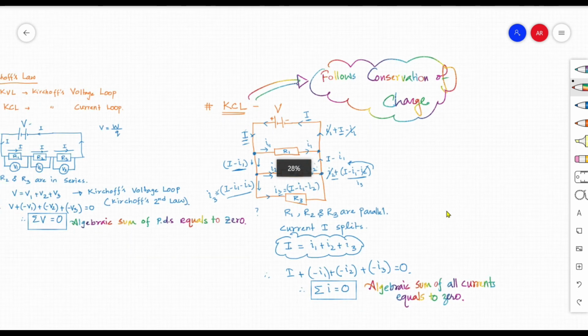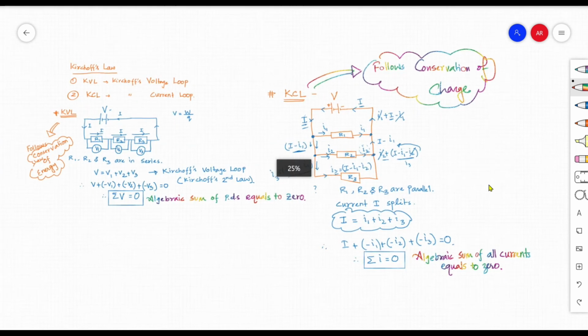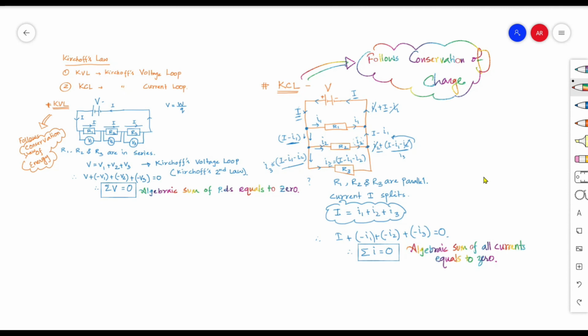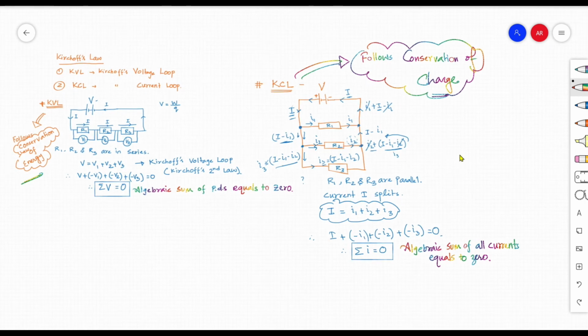You see, the first law is KCL, Kirchhoff's current law. The second law is KVL, Kirchhoff's voltage law. KVL is based on conservation of energy, KCL is based on conservation of charge.